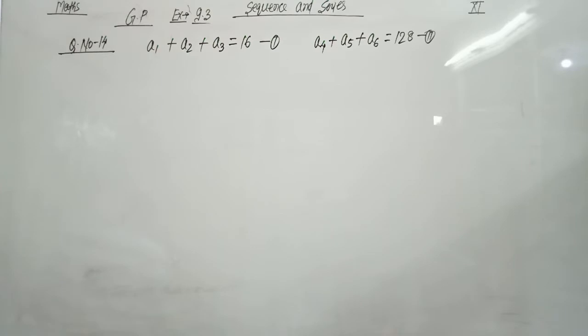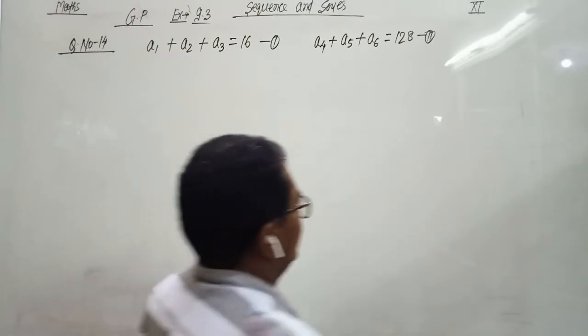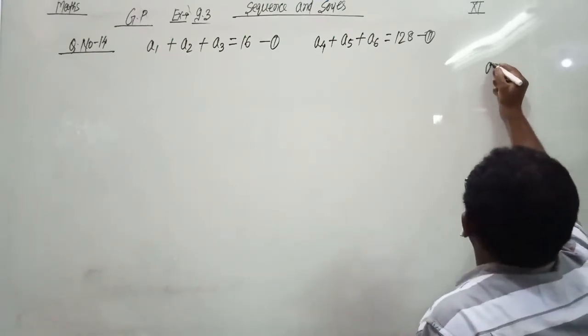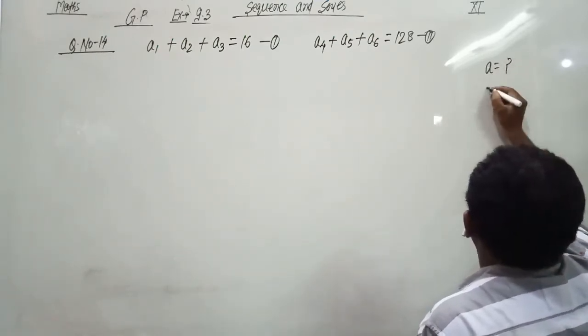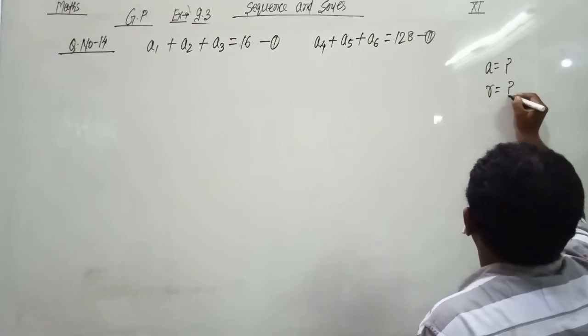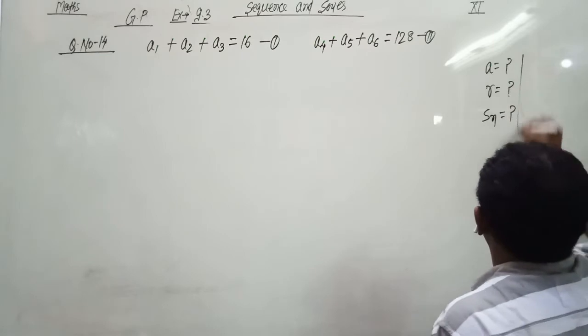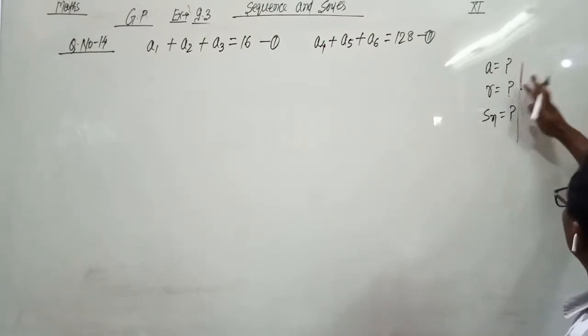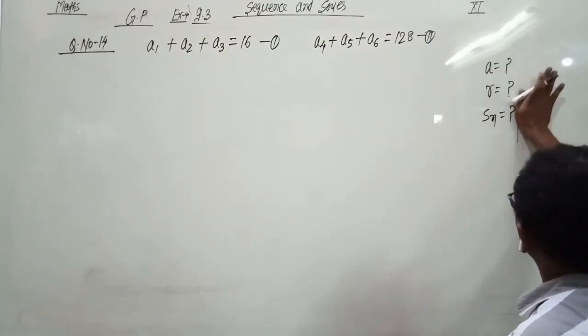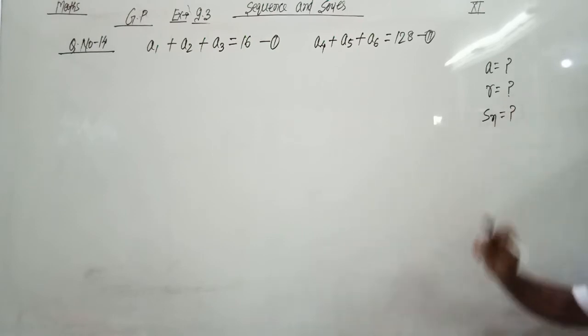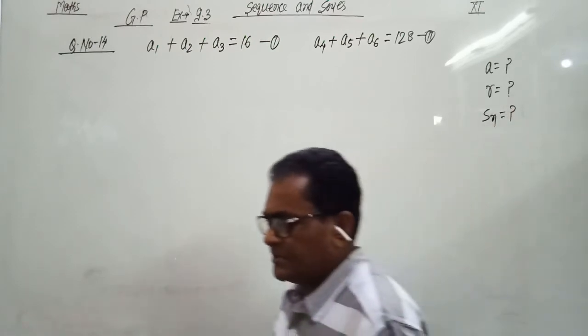Then determine the first term and the common ratio. We have to calculate A, the first term, then the common ratio, and Sn. 3 things we have to calculate: the first term, the common ratio, and the sum to n terms of a GP.